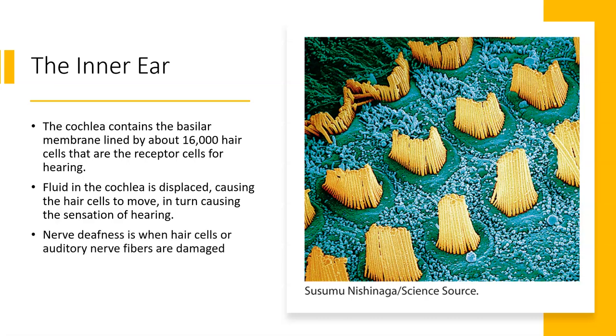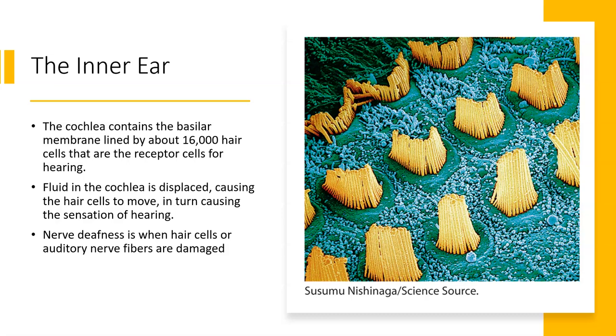There are a couple of forms of deafness. Actually, there are a lot of forms of deafness, but the two most common are nerve deafness, which is when hair cells or auditory nerve fibers are literally damaged. The most common causes for nerve deafness are aging and persistent exposure to loud noise.